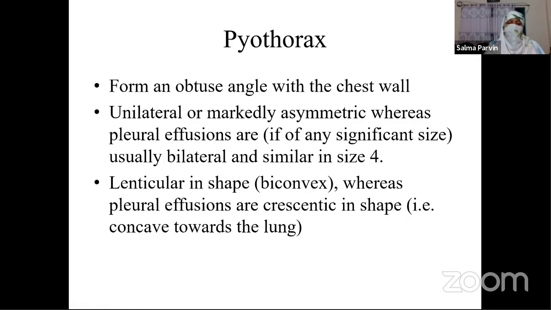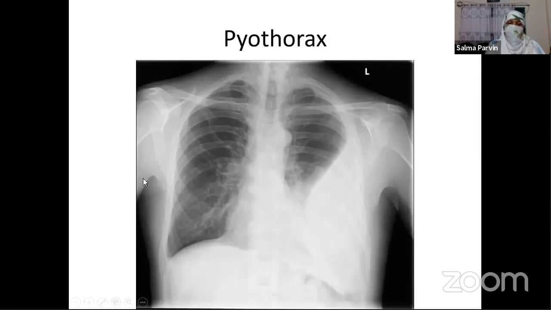It is lenticular in shape, a biconvex figure in the chest X-ray, whereas there is a crescentic shape in cases of effusion. You see, this is a large, sharply defined margin seen here in the left lung field.